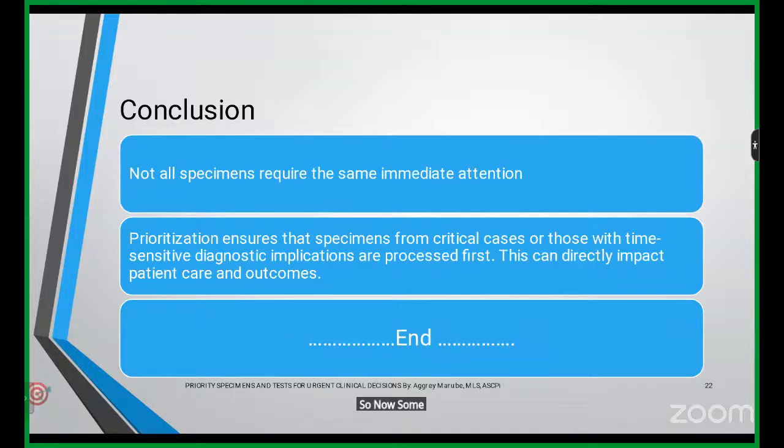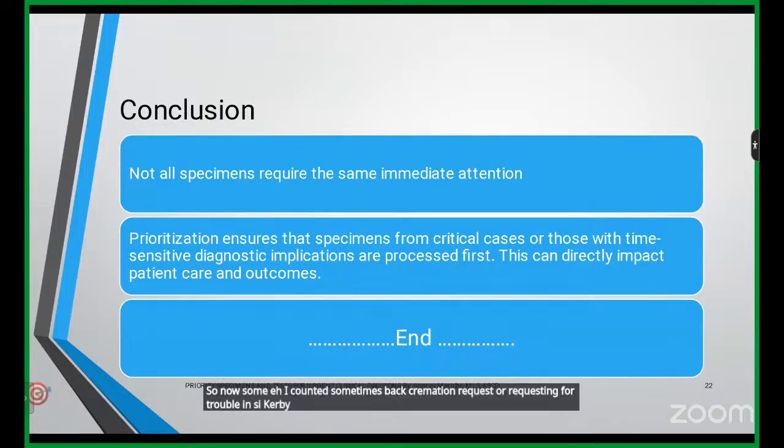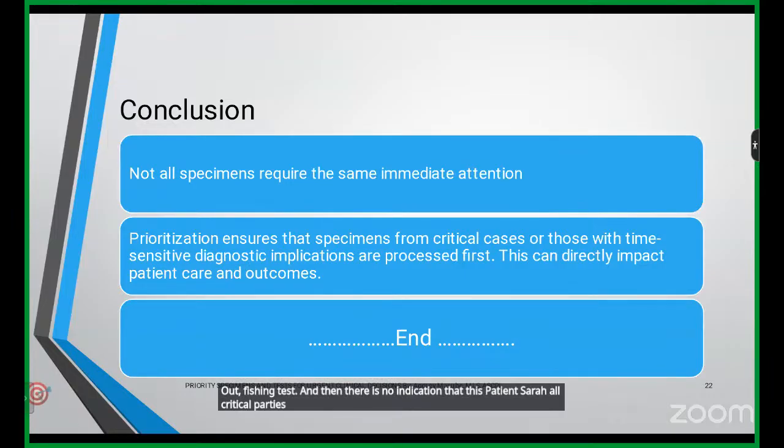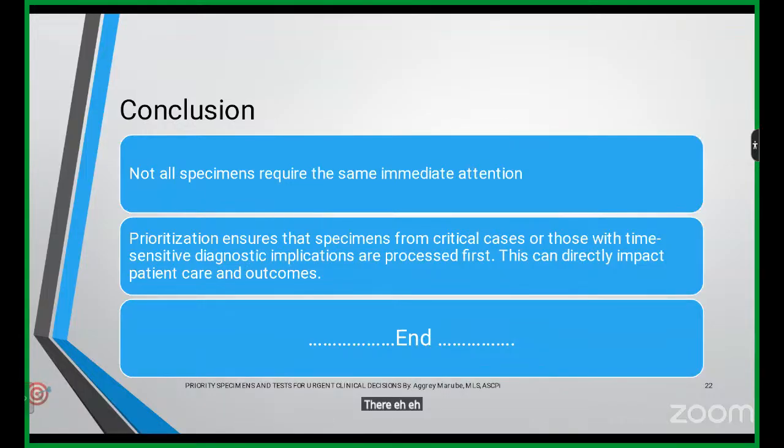I encountered some time back clinicians requesting troponin, CKMB on patients who are doing the test as an outpatient test, and there is no indication that these patients are critical priority cases, and maybe the patient is told to come for the results later.